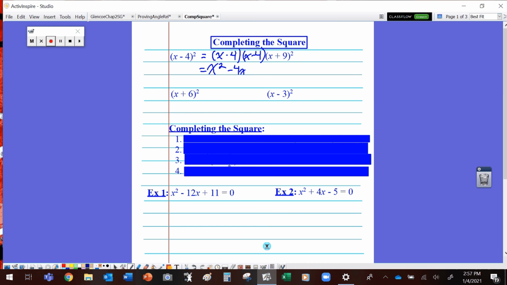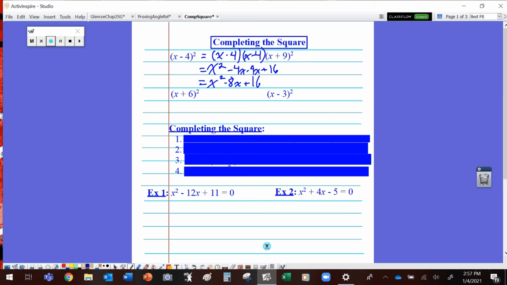The inside, minus 4 times x, gives me another minus 4x. And the last terms, negative 4 times negative 4, give me plus 16. Now I can combine my like terms, these two minus 4x's, and have x squared minus 8x plus 16.